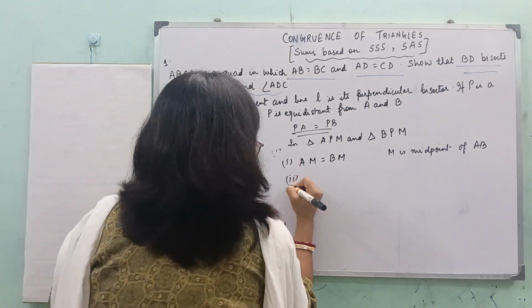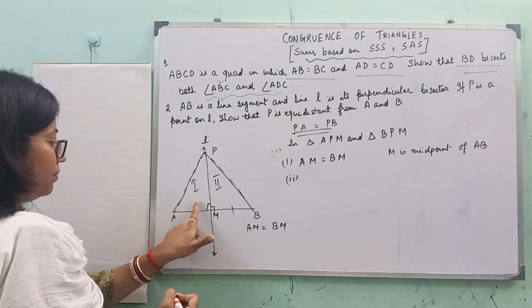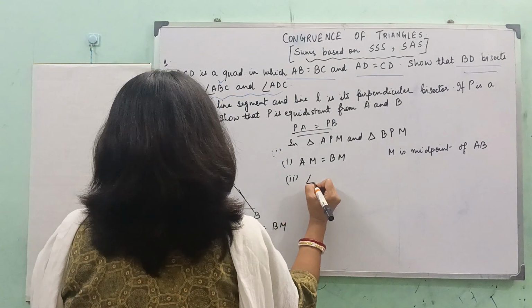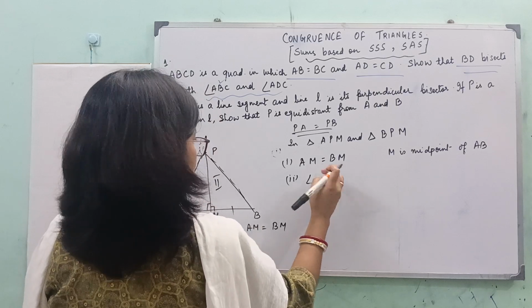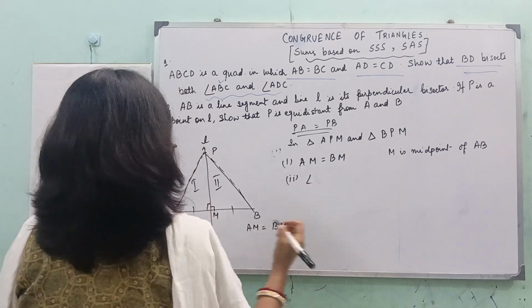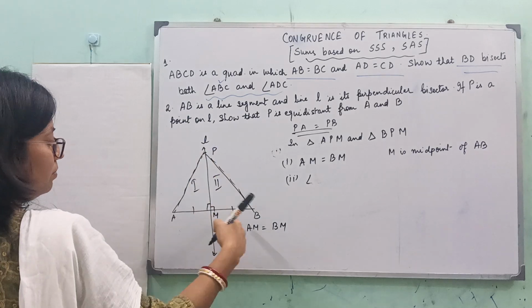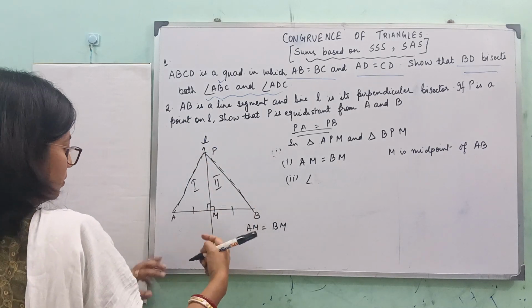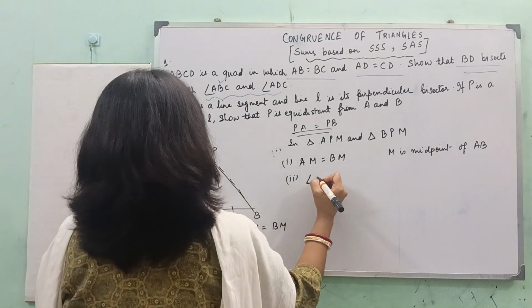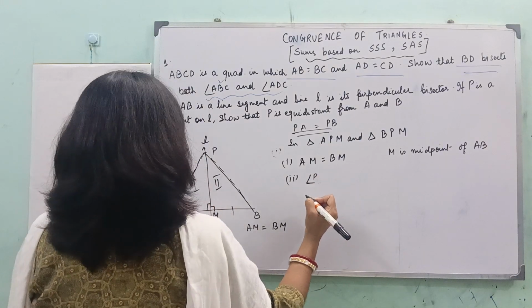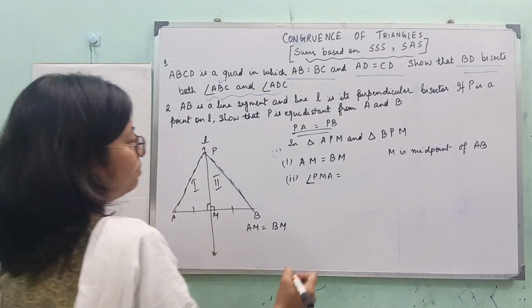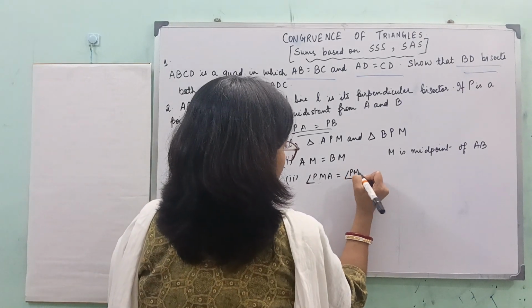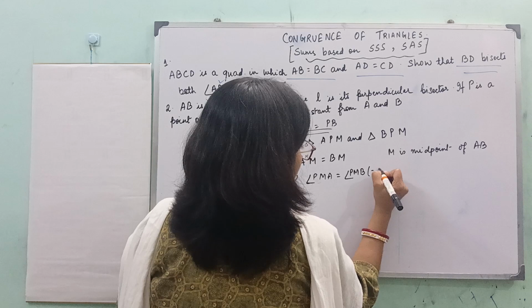Second, we have an angle between them, that is the 90 degrees. So we can say angle PMA is equal to angle PMB, and that is equal to 90 degrees.